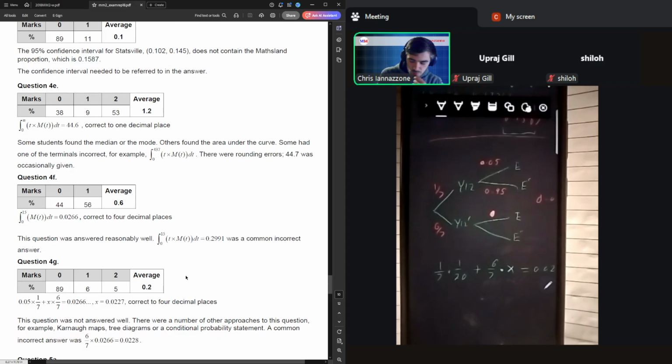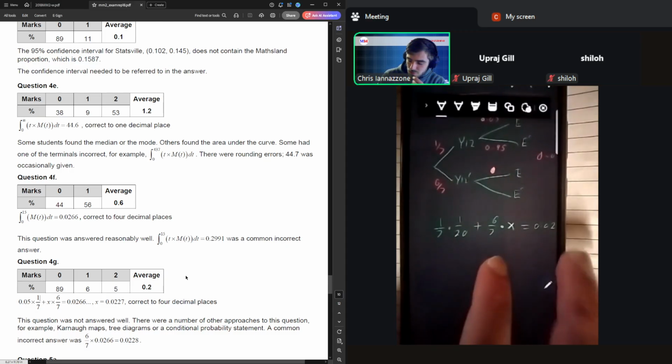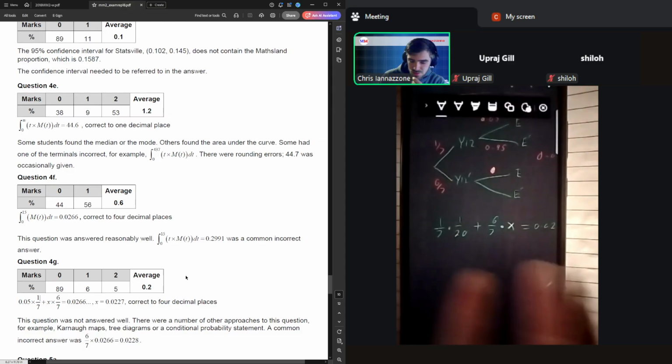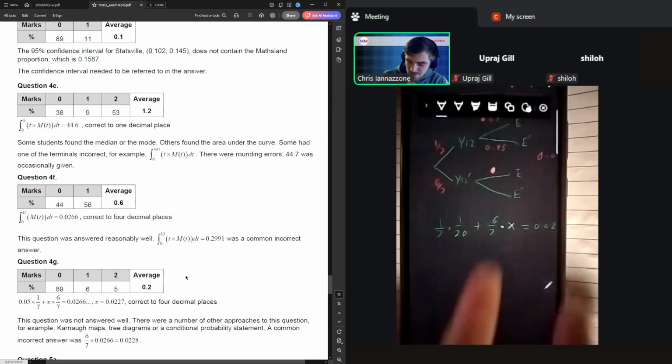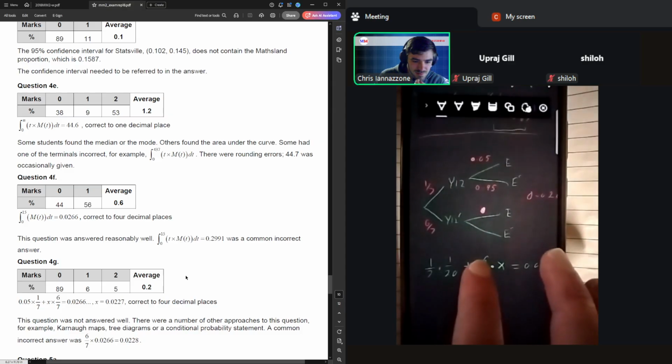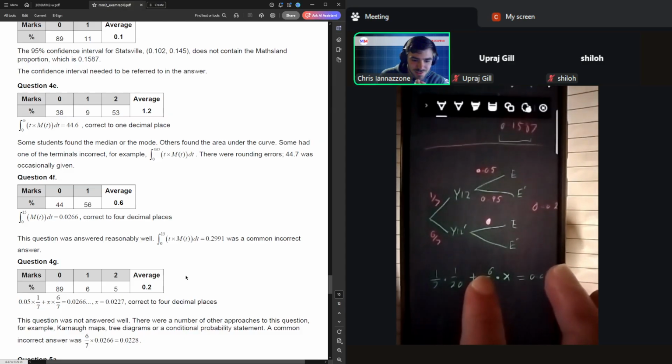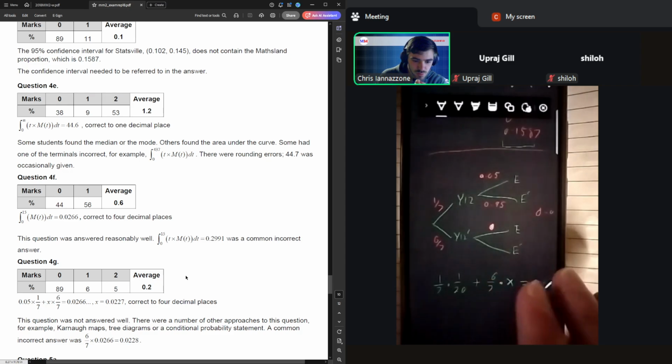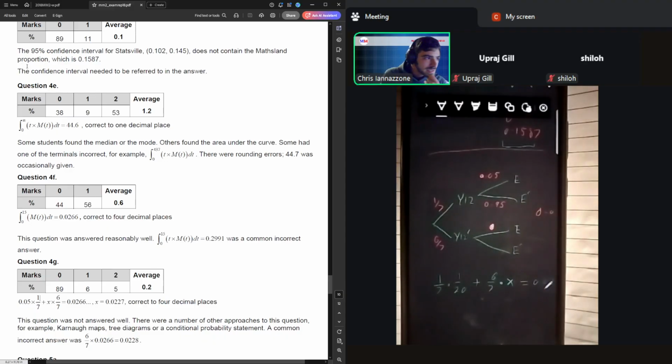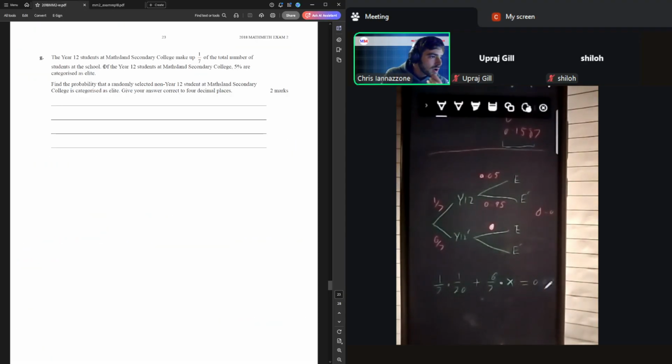So probably tree diagrams would be the best way to do that. There's a K-map version where you could do year 12, year 12 dash, E dash, and then do your intersections. But the information provided isn't lending itself nicely to intersections. They're conditional probabilities, of the year 12 students, so it's a restricted sample size.